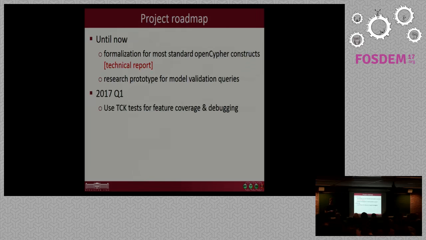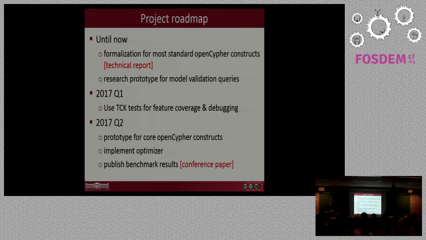This will allow us to increase the coverage of our mapping and probably will also reveal a lot of bugs in our parser and in our query engine. And once we are done with that, we will implement a more sophisticated optimizer using technologies from the Apache stack, probably Spark Catalyst or the Calcite system. And we plan to publish our benchmark results in a top-tier academic conference.